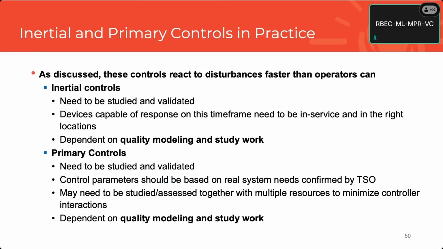They need to be there, right, and be studied, and you should be sure that they're going to do what they're supposed to do, because they're automatic, right? And I just kind of led into it by accident, but these both really depend on quality modeling and quality study work, which means you probably need real code models from your vendor. Maybe not real code, but some sort of vendor-specific modeling.